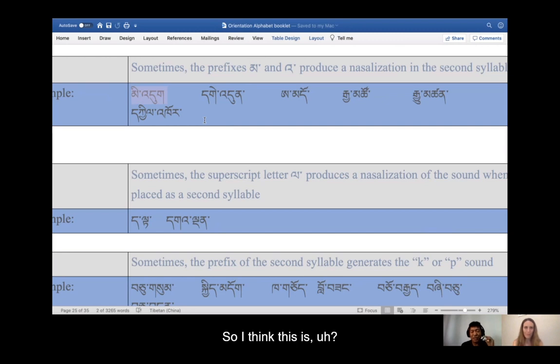So I think this is mostly based on the Central Tibetan dialect. There are two ways for the tongue, but we base it on spoken. Let me read without spelling out.